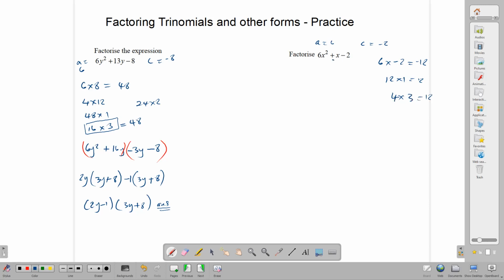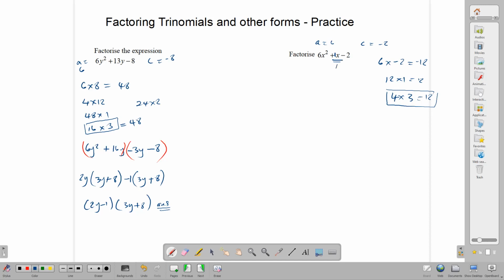Now, the coefficient of this middle term is 1, positive 1. Looking at these numbers, which pair of these numbers can give us a 1? Well, the obvious answer is this one. If we say 4 take away 3, we can end up with a positive 1.